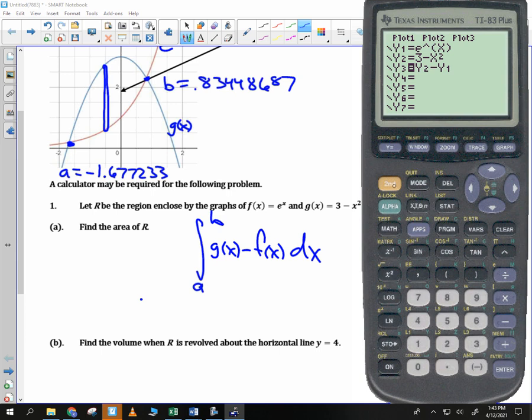So then I go second calculate, I grab number 7. It gives me this new shape here. And I want to go from negative 1.677233, and then I'm going to go all the way up to 0.83448687.